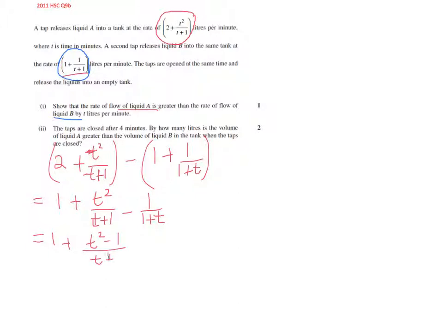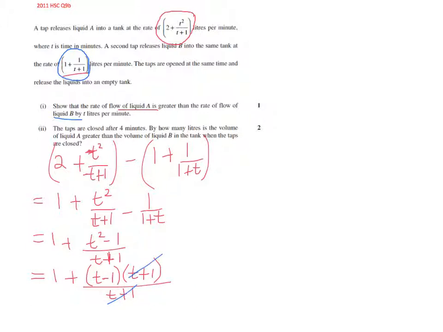How convenient that our numerator is, going back to that first topic from Year 11 again, a difference of two squares. So we end up with (t minus 1)(t plus 1), and our denominator there is t plus 1, and you can see that we will cancel our t plus 1s.